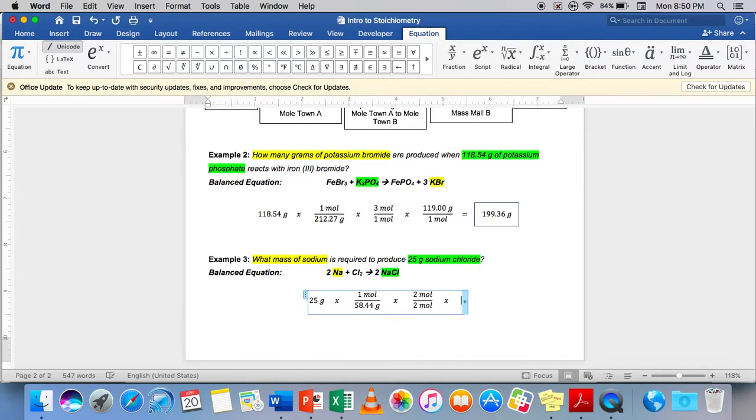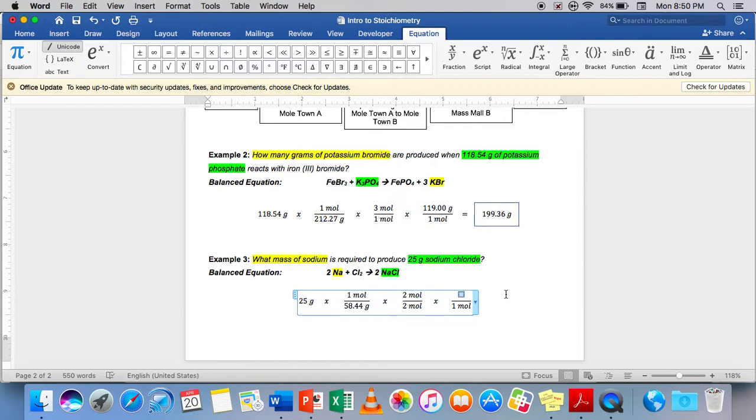After I do my mole ratio from the balanced equation, I'm in mole town B. So now I need to go from mole town B to mass of B. In order to do that, I'm going to insert one more setup conversion with 1 mole on the bottom. And again, this is what I'm looking for, the mass of sodium. So I need to find the molar mass of sodium.